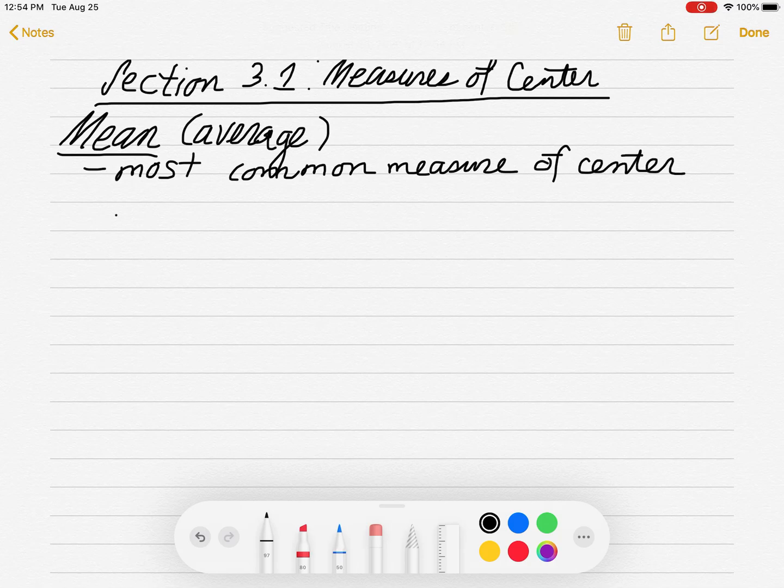And when we're talking about sample mean, the mean of a sample, we use the symbol X bar.